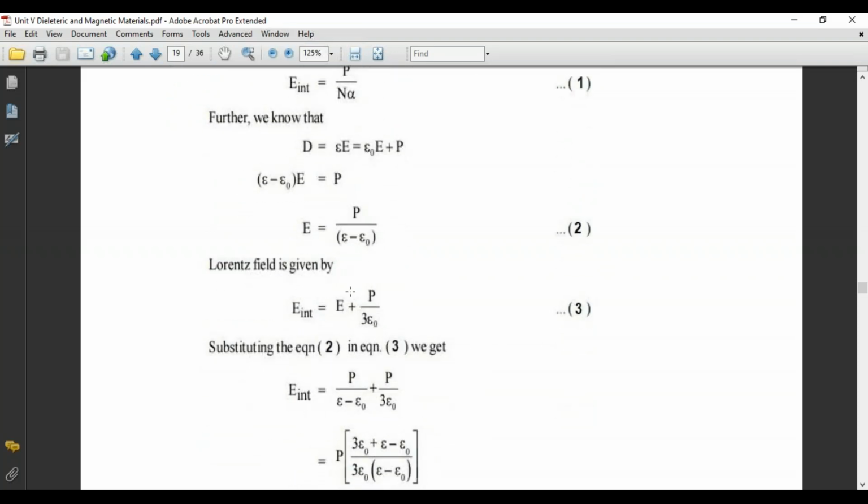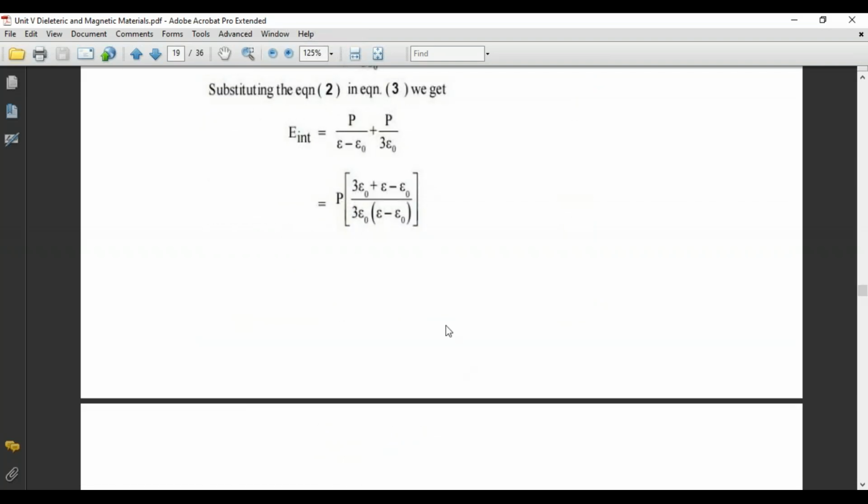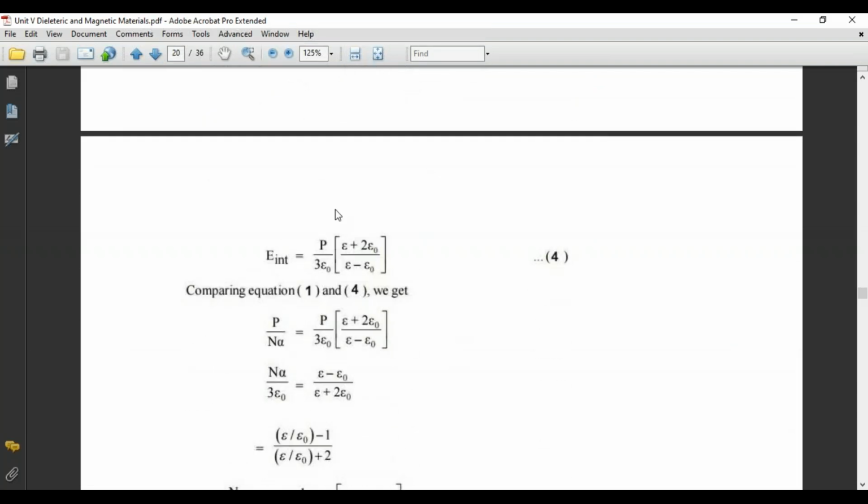Now the Lorentz field, just now we calculated the internal field, E internal equal to E plus P by 3 epsilon naught. That is equation 3. Substitute equation 2 into equation 3, and we get E internal equal to P by epsilon minus epsilon naught plus P by 3 epsilon naught. If we simplify this, we get this equation, which is equation 4.